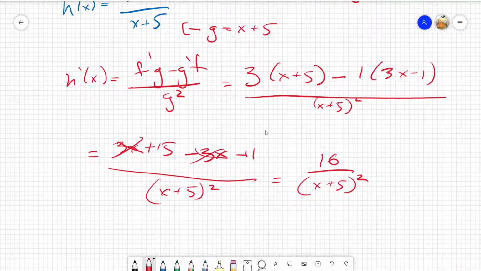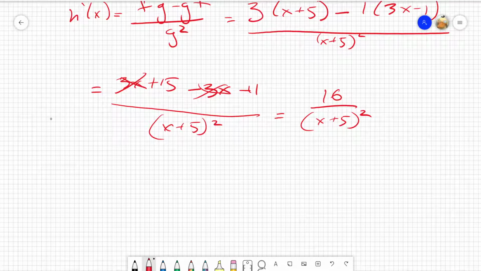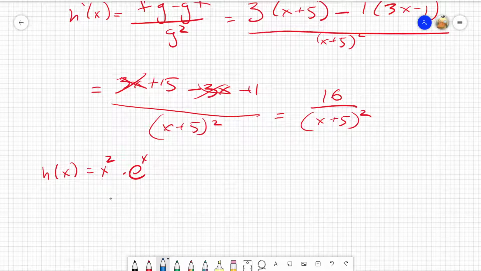So we can also combine this with the exponential and logarithmic functions from the previous section. Let's say that my function h of x is actually x squared times e to the x. Then I think of x squared as, say, f, and I think of e to the x as g.